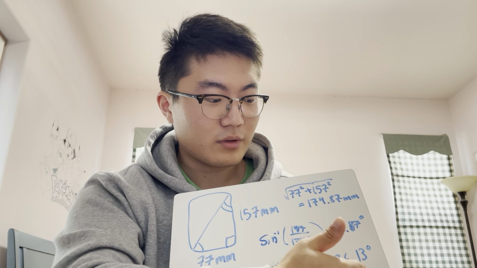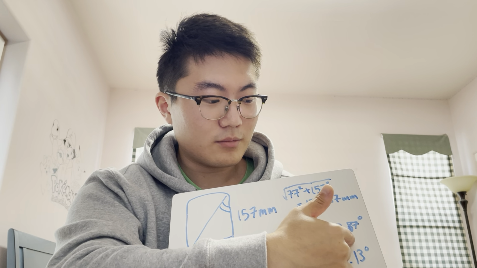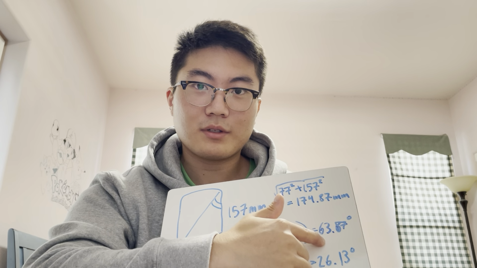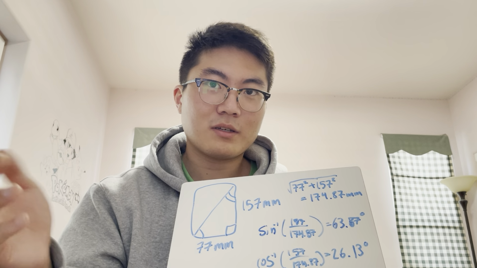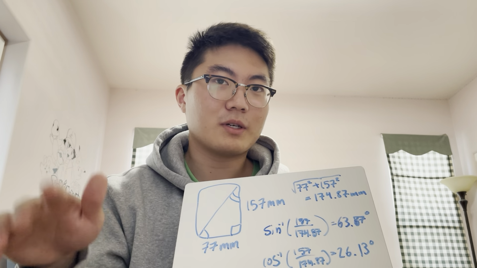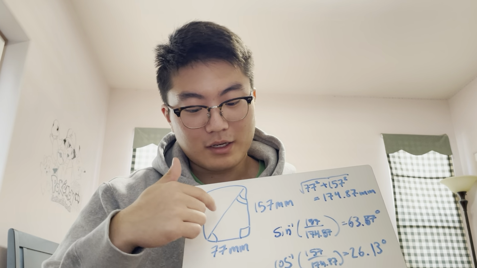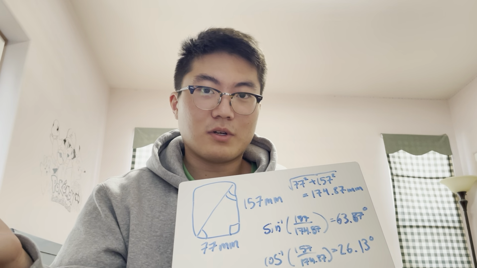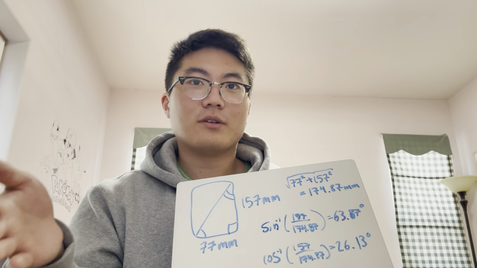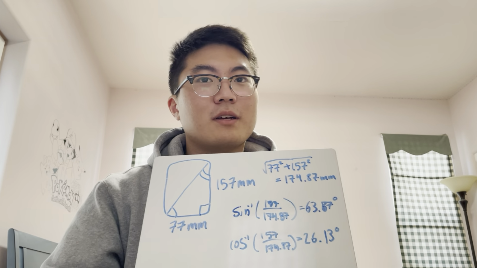If you add 0.13 to this one, it becomes 64 degrees plus 26, so 6 plus 64 becomes 70, 70 plus 20 is 90 degrees. 90 degrees plus 90 degrees is 180 degrees, and a triangle has 180 degrees in total.